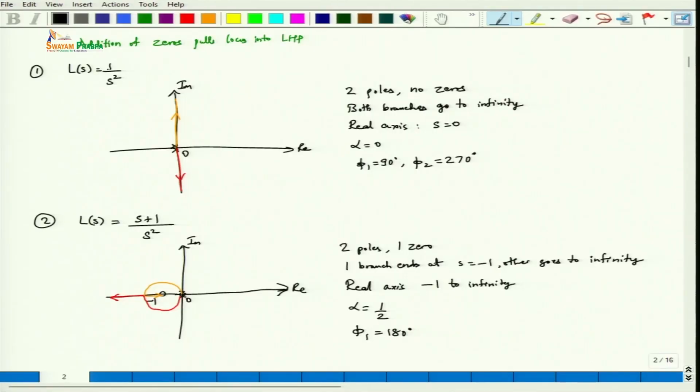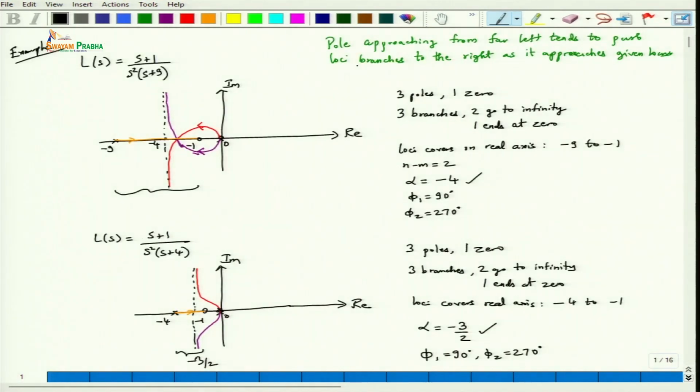Now we can see what this has done: when there was no zero, we had the entire root loci along the imaginary axis. Now with the addition of one zero, it has moved sideways, into the left half plane, and this can also be seen from the formula.